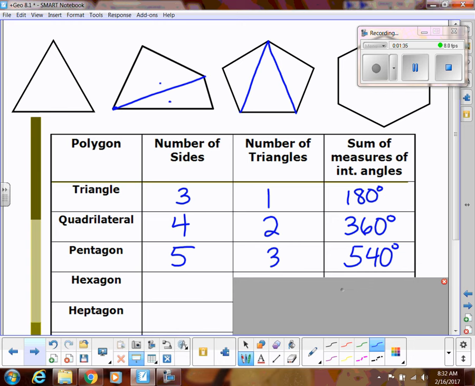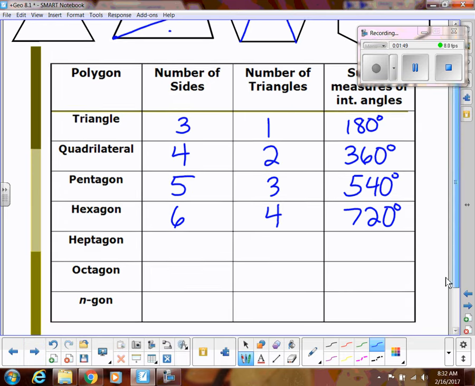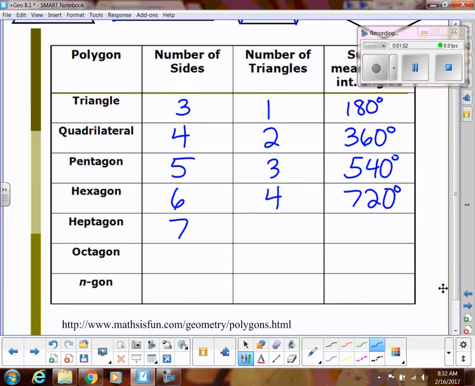I don't know if you see a pattern forming, but a hexagon would be 6 sides, and that means there would be 4 triangles, and that would be 720 degrees. So we could keep going, right? This would be 7 sides, 5 triangles: 720 plus another triangle would be 900, and so on.